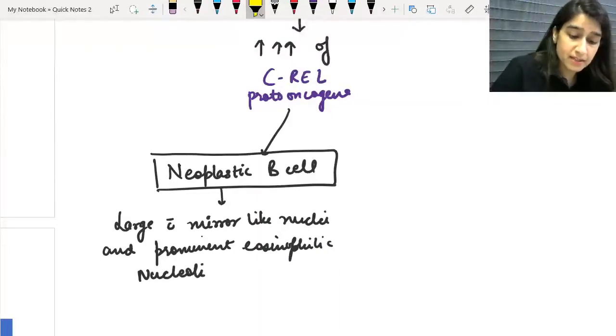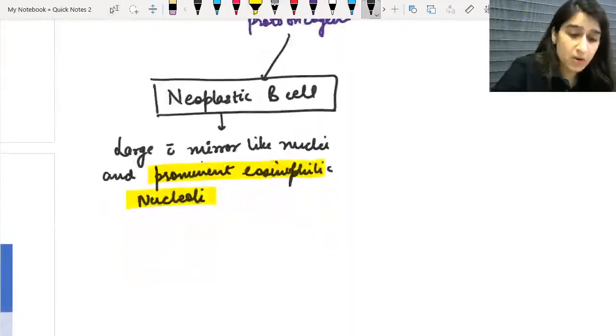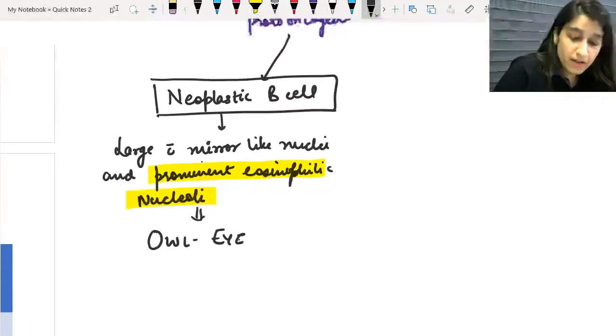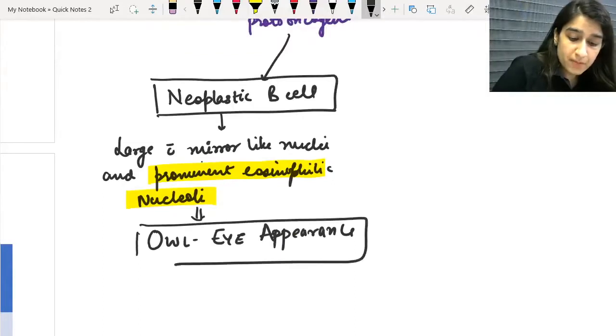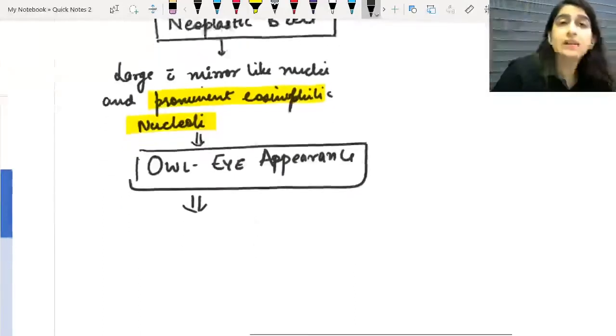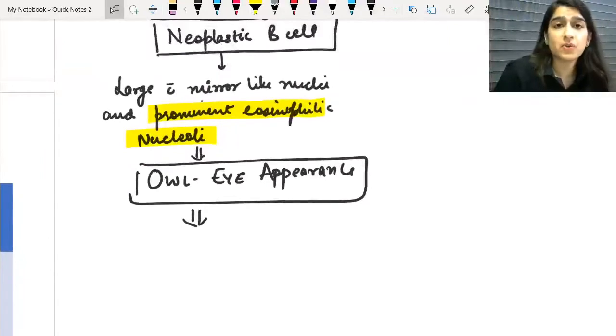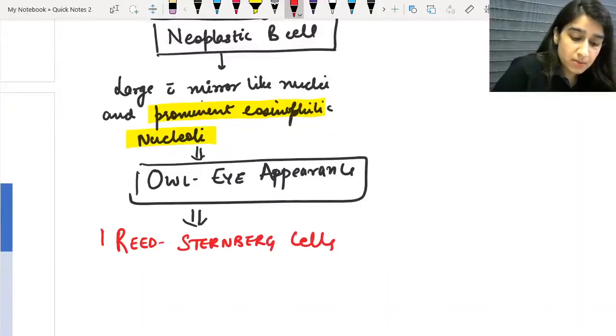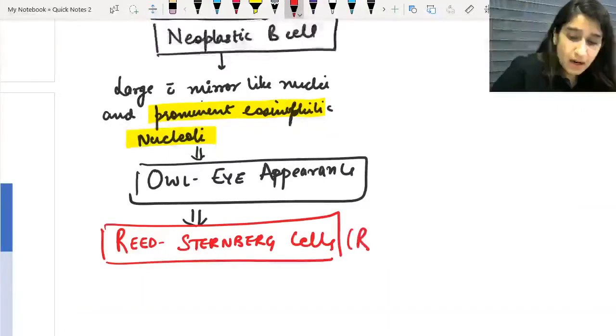Remember, I'm highlighting these prominent eosinophilic nucleoli because they give an owl eye appearance. Such cells with mirror-image nuclei and prominent eosinophilic nucleoli, having an owl eye appearance, are called Reed-Sternberg cells or RS cells.